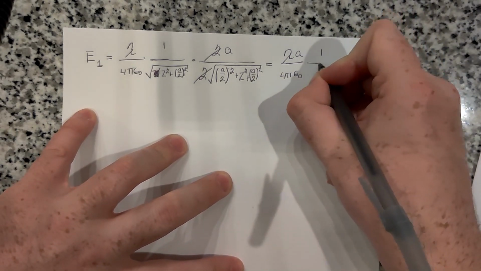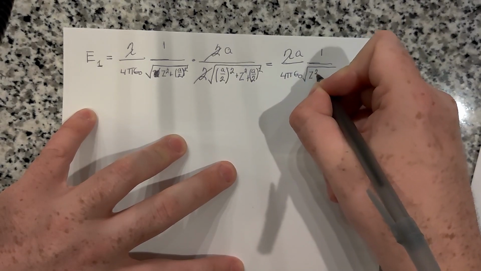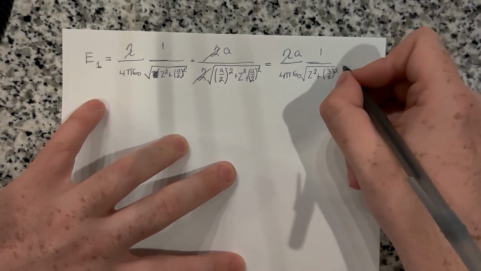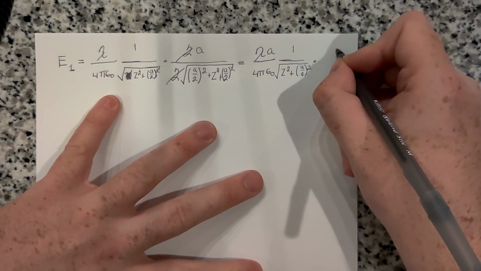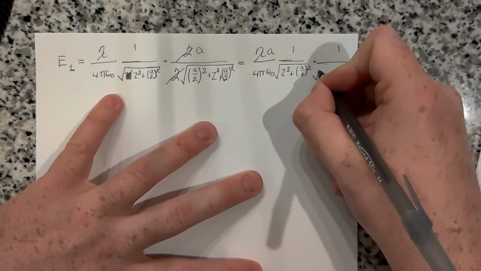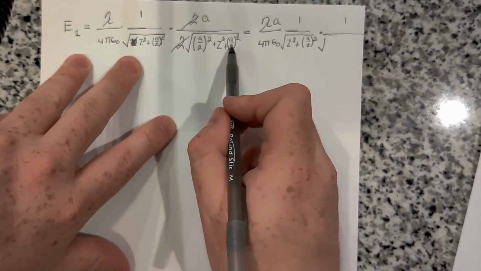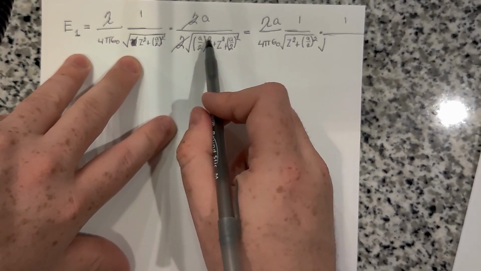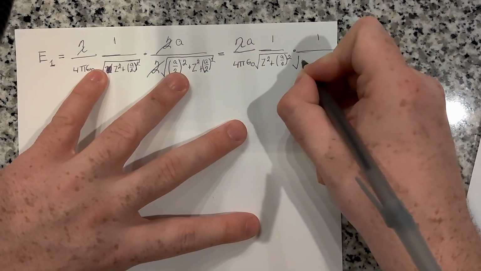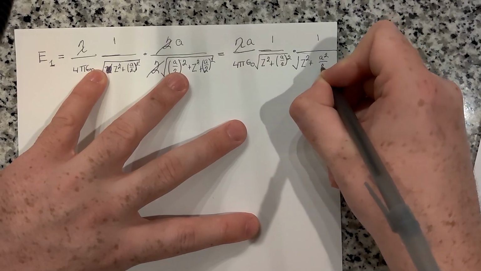And then we have 1 over the square root of Z squared plus A over 2 squared times 1 divided by the square root of Z squared, and I can combine these two terms with A over 2 squared, so that's A squared over 4 plus A squared over 4, which is A squared over 2. So we have Z squared plus A squared over 2.